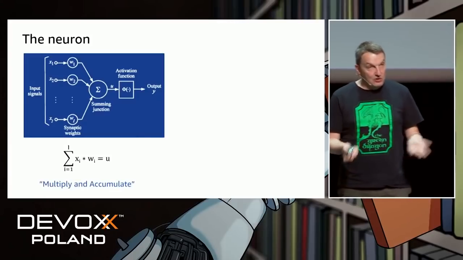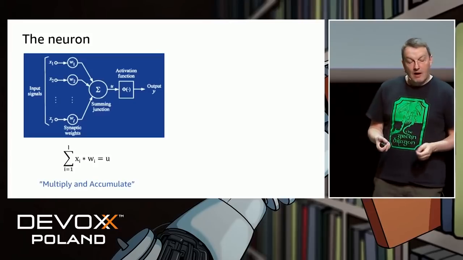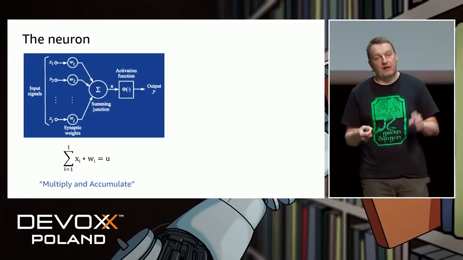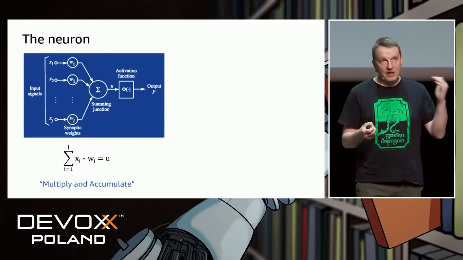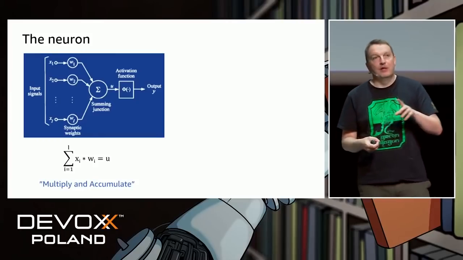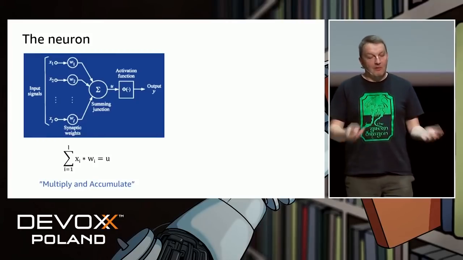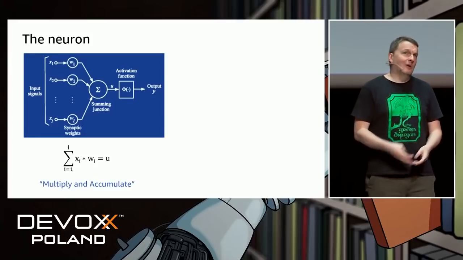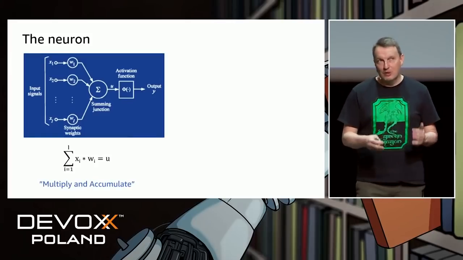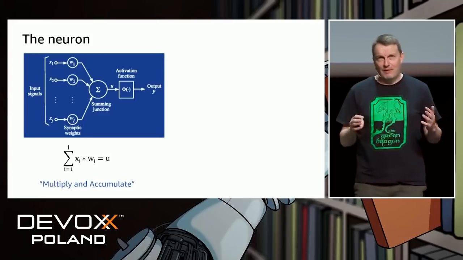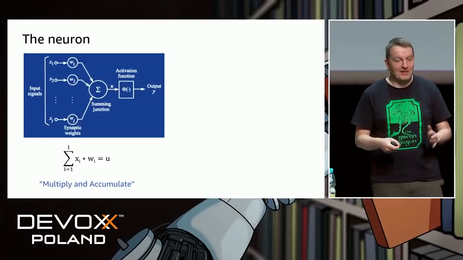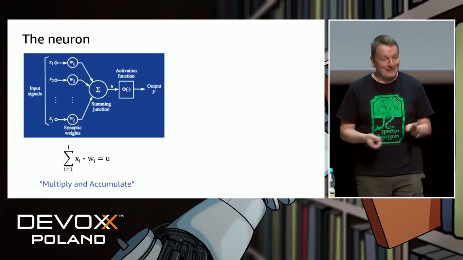And the first thing that we do when we actually run something on that neuron is to compute this multiply and accumulate operation. So we take each input, we multiply it by the corresponding weight, and we add everything together. Okay? It's called multiply and accumulate. So there you go, right? Deep learning is really about adding and multiplying stuff and doing this at very large scale. So if you can add and multiply, you already know 50% of what deep learning really is, okay?